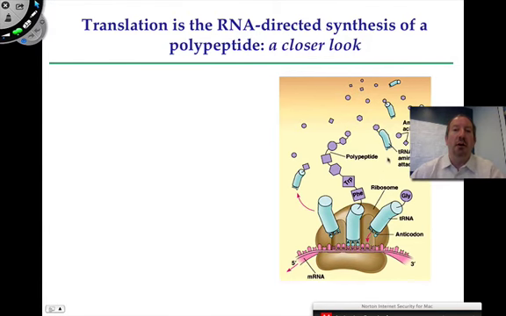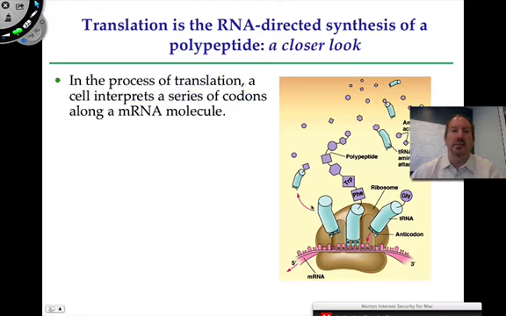And it involves all 3 types of RNA. Transfer RNA is going to be bringing amino acids to the ribosome. Remember, the ribosome itself is made up of rRNA, and then messenger RNA is the genetic code itself. So the process of translation is where a series of codons in messenger RNA get translated into a polypeptide sequence.